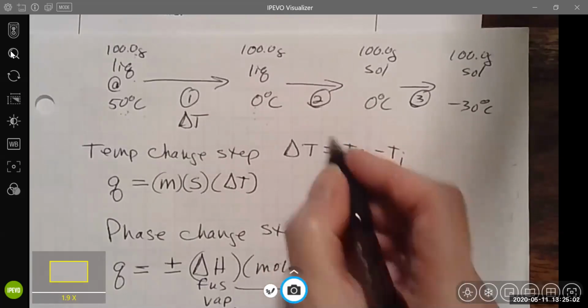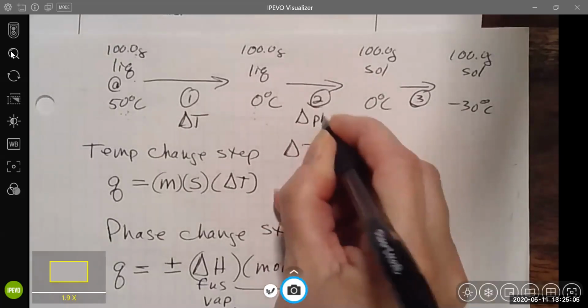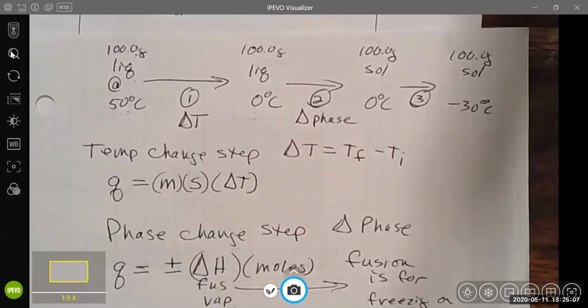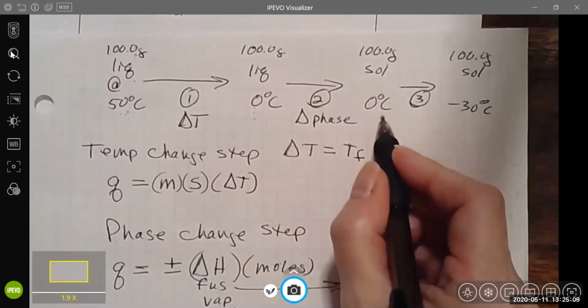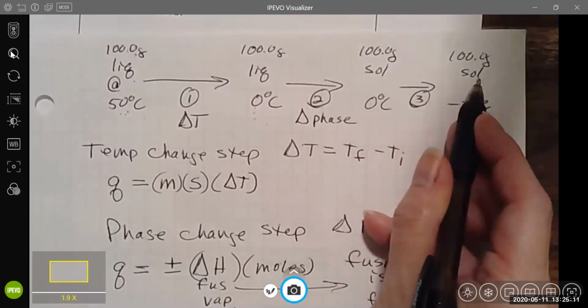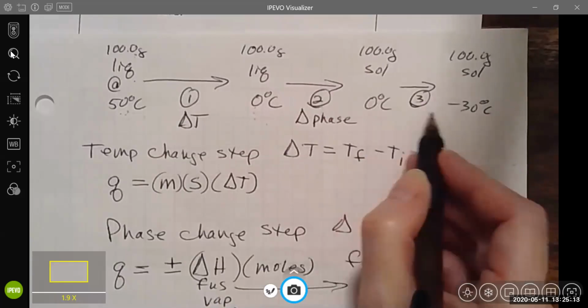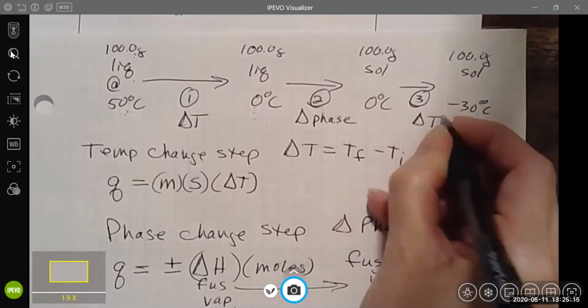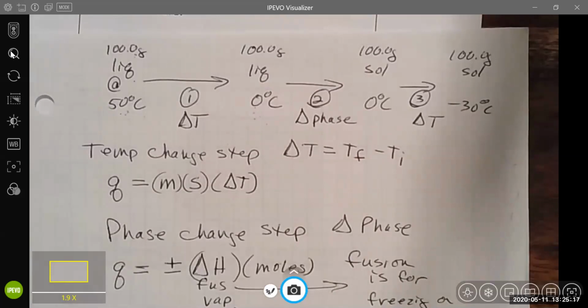So step 2 is going to be a phase change step. For 3, we are not changing the phase, solid to solid, but we are changing the temperature. So change in temperature. So now we know what our 3 steps are. We're going to have 3 Qs on this problem. Q is heat. So 3 heat changes for 3 different steps.